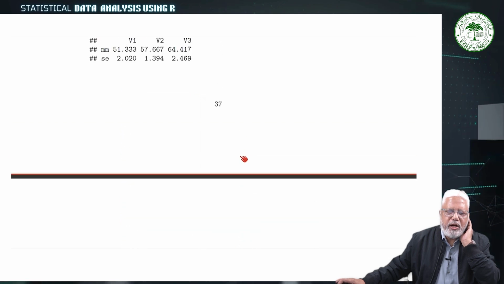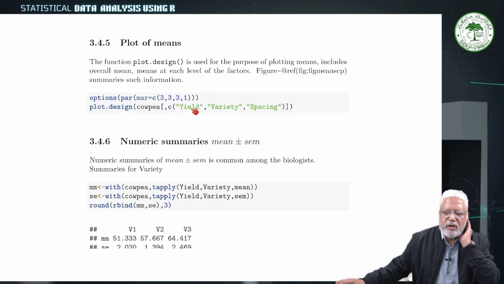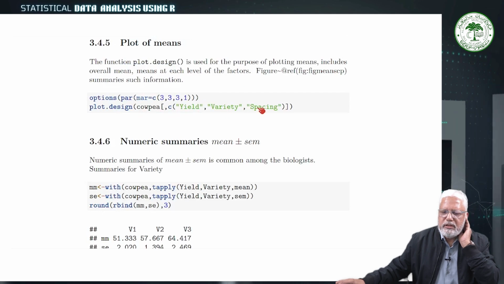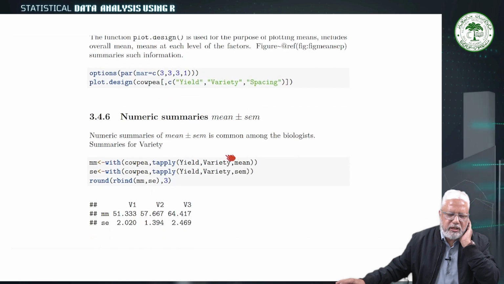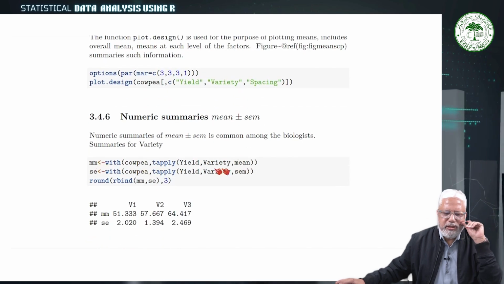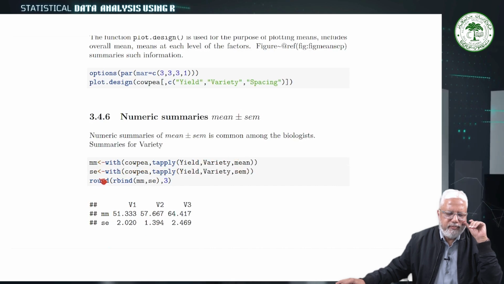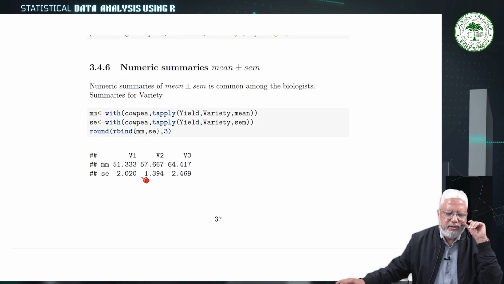So it is due to plot.design, with copy. This is the yield, variety and spacing. Then numeric summaries, mean plus minus standard error of mean, with tapply for mean and standard error, and round up to 3 places of decimal.